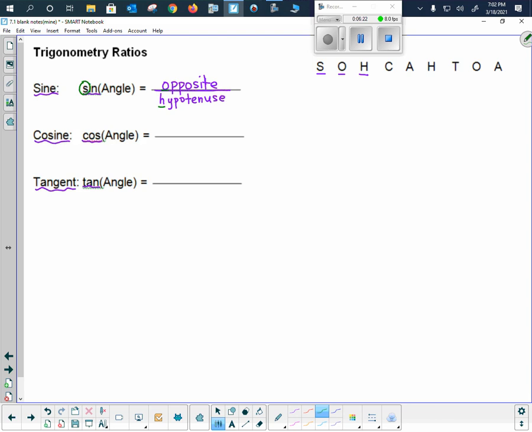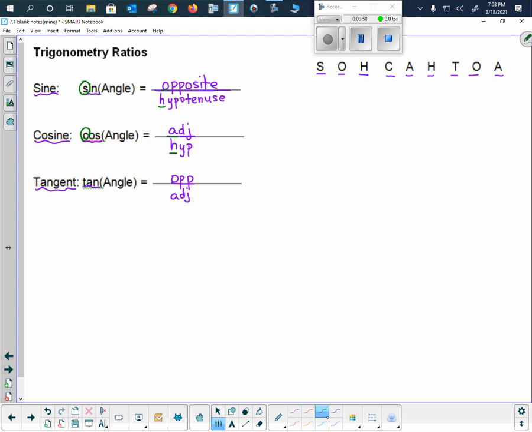And same thing over here, CAH is going to help you remember that the C for cosine is adjacent, which I'm going to abbreviate now, over hypotenuse. So that's the cosine, the C, the A, and the H, adjacent over hypotenuse. And last, TOA in SOHCAHTOA is supposed to help you remember that tangent is opposite over adjacent.